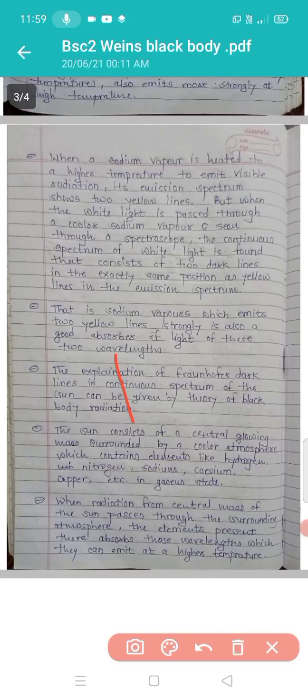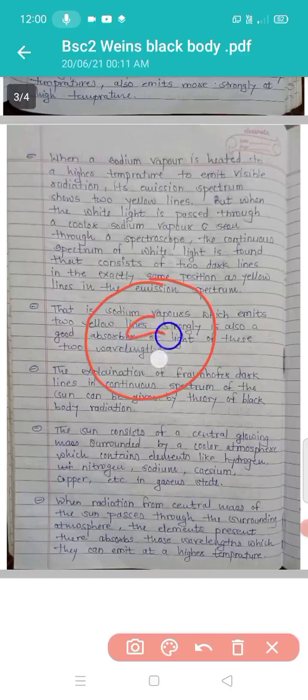These are in gaseous states in the atmosphere.